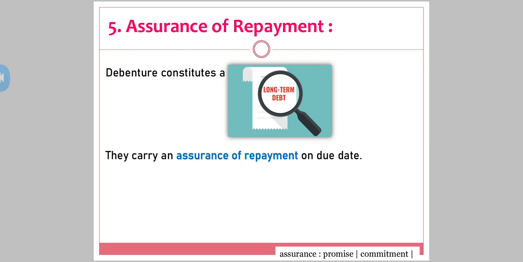There is always an assurance of repayment, there is always a trust. The company gives utmost trust to the debenture holder that no matter what, at the time of liquidation, or even if the company is not going to make any profit, the company is going to give interest to the debenture holder, and the company will give priority to the debenture holder at the time of repayment of the capital.